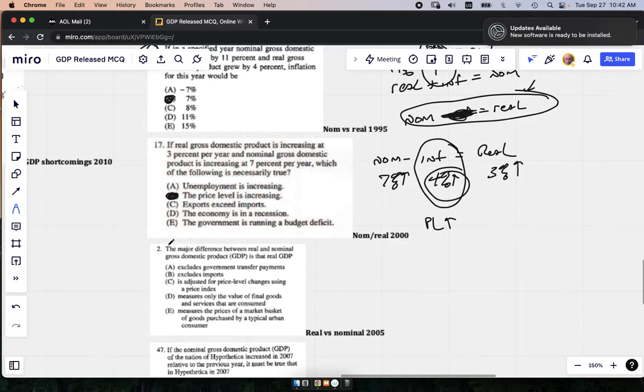Easy enough. Number two, the major difference between real and nominal, and you've got to have this definition in your head, is that real is adjusted for price level changes. We know it's nominal; we're extracting out those price level changes, or we could call it inflation. That's what gives us our real numbers.